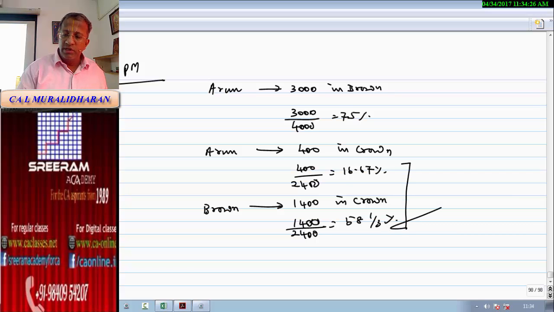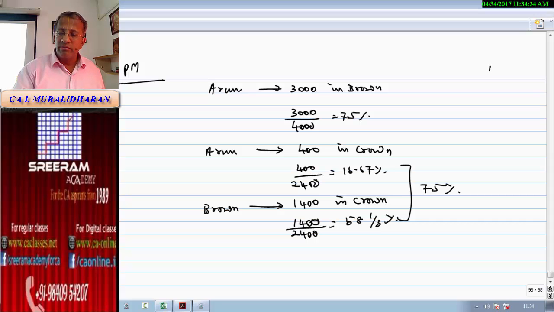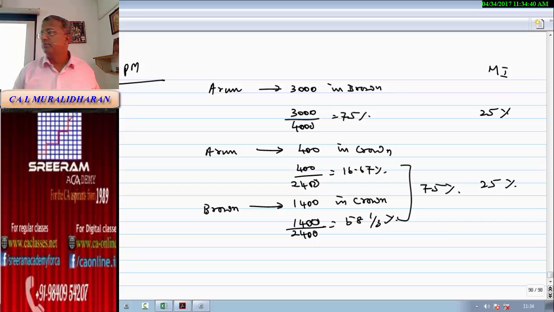Both put together in Crown is 75%, and minority interest in both the cases will be 25%.